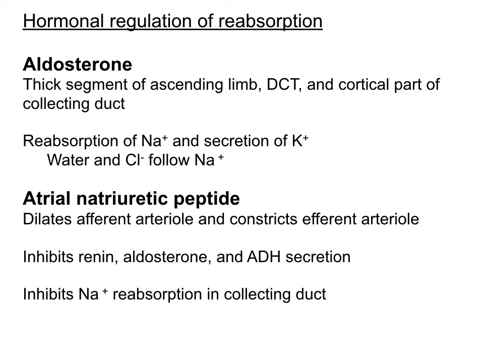So it's going to inhibit sodium reabsorption in the collecting duct, and then if the positive ions are staying in the tubular fluid, the negative chloride is going to want to stay as well. So by inhibiting the sodium reabsorption, you also end up inhibiting the chloride reabsorption as well.